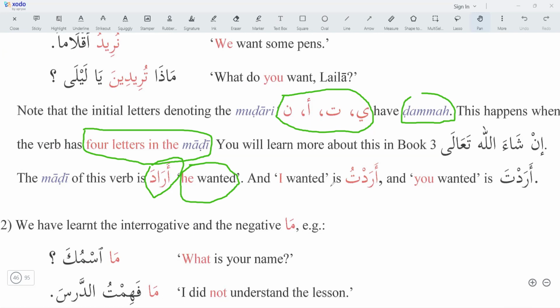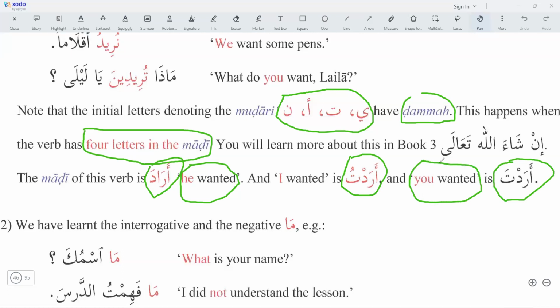And I want is aratu, this is fi'l madi and its isnad. Aratu, I wanted. And you wanted is aradta. Aradta, you wanted.